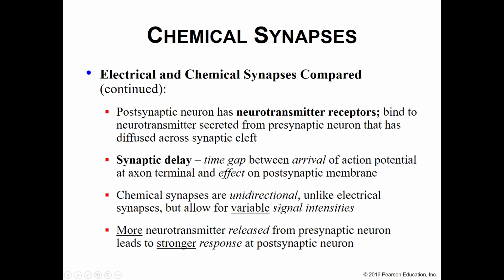So electrical synapses do not have variable sensitivities or signal intensities, whereas chemical synapses can. They can regulate via the amount of neurotransmitter released. More neurotransmitter, more response, a stronger response in that postsynaptic neuron.